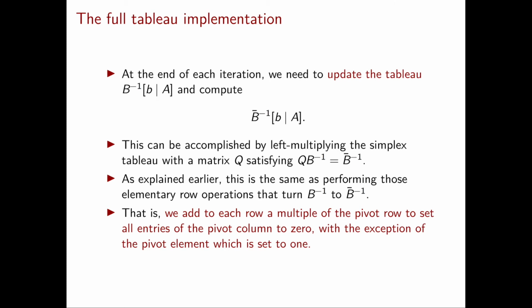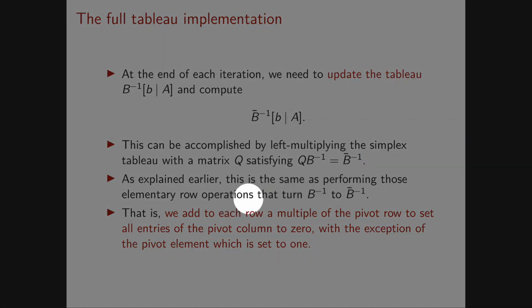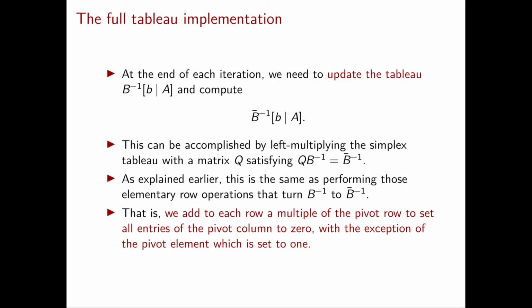And we've seen that this is the same as performing the elementary row operations on the tableau that turn B inverse into B bar inverse. If you remember, these were the operations needed to transform the u vector into the unit vector e_l by adding to each row multiples of the lth row. Now, with the notation introduced in the full tableau implementation, the u vector is the pivot column, while the lth row is the pivot row.